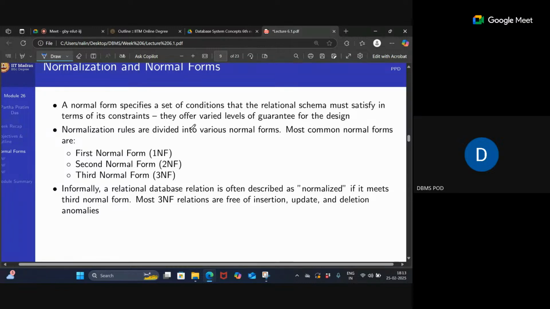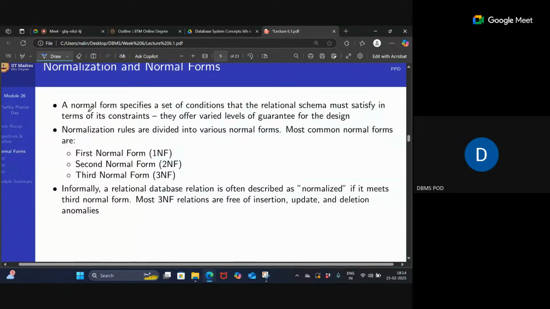Let us say 1NF, which is the first normal form. In this normal form, we should not have any multi-valued attributes in our table.